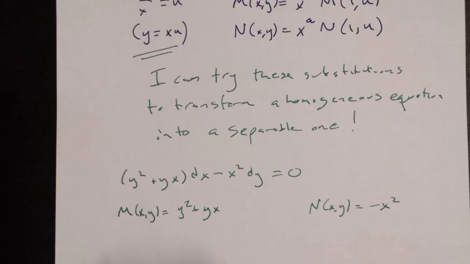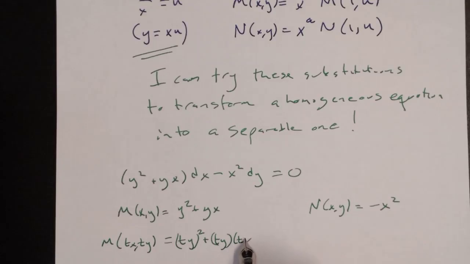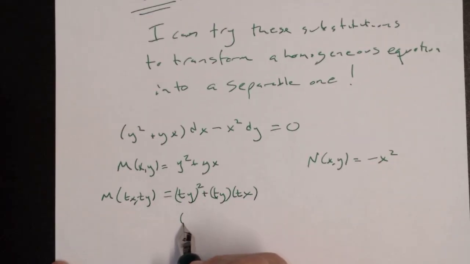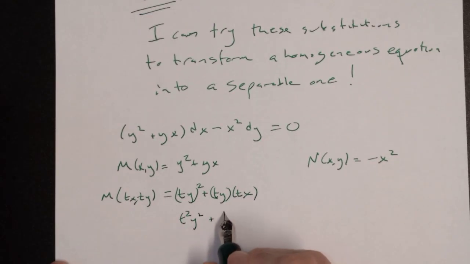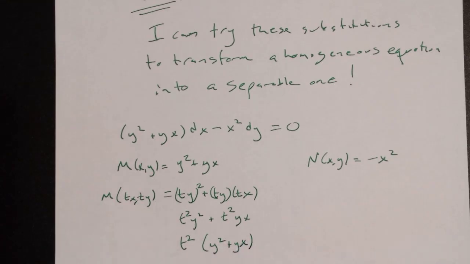If I do M of tx, ty, I get ty quantity squared plus ty times tx. Well, that means there's a t squared y squared and t squared yx, and that's t squared times the original thing, isn't it?